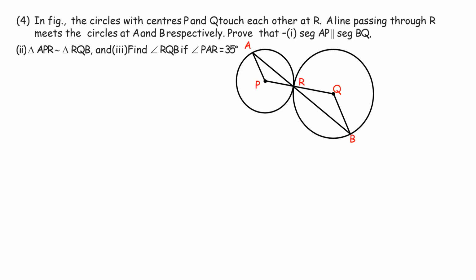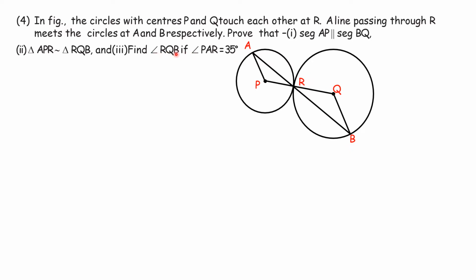Fourth example. In the figure, the circles with centers P and Q touch each other at point R. A line passing through R touches the circles at points A and B respectively. Prove that segment AP is parallel to BQ, triangle APR is similar to triangle RQB.